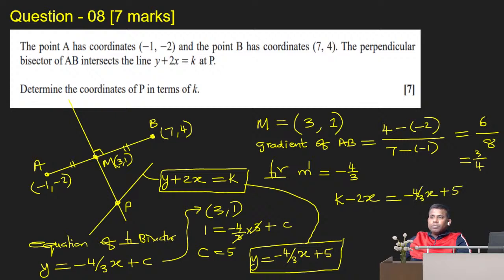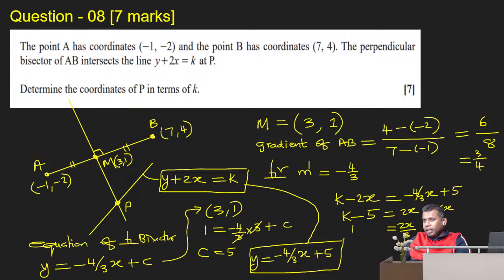Now we need to find the x coordinate of P. So k minus 5 equals 2x minus 4/3 x, which is 2x over 3.